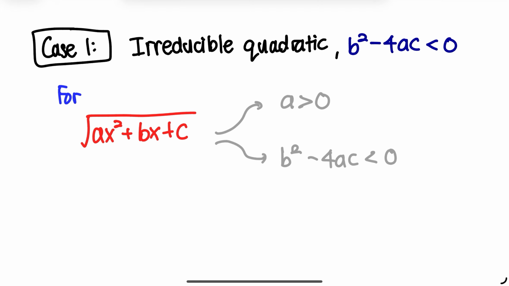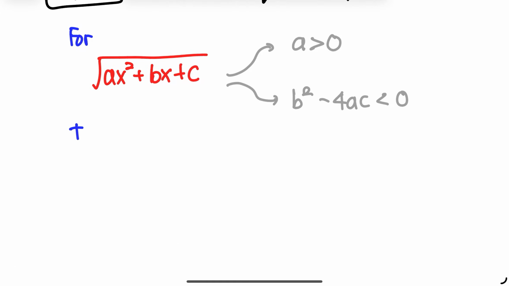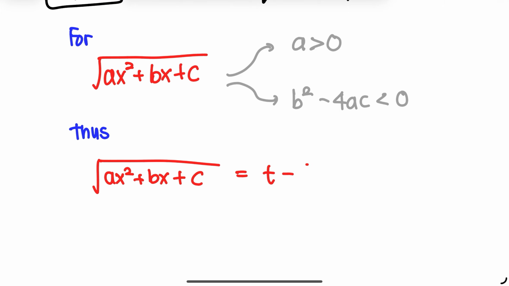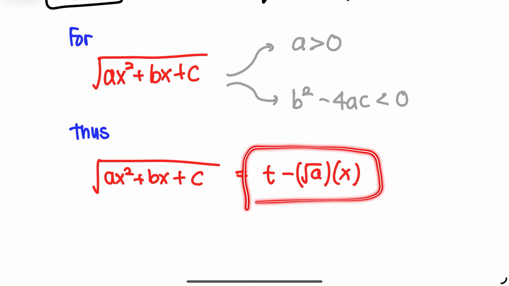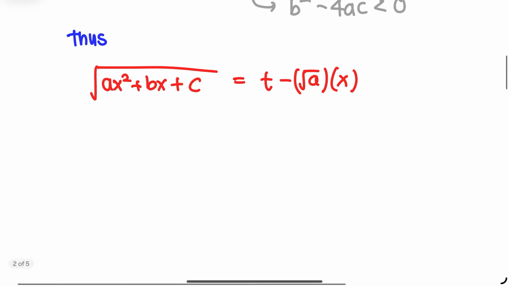This is the reason why it doesn't have any real solutions, or it just cannot be factorized. Thus, we shall use this substitution: the square root of ax squared plus bx plus c is equal to t minus square root of a times x. What does this do? When you substitute this, you are able to convert the square root into something linear.